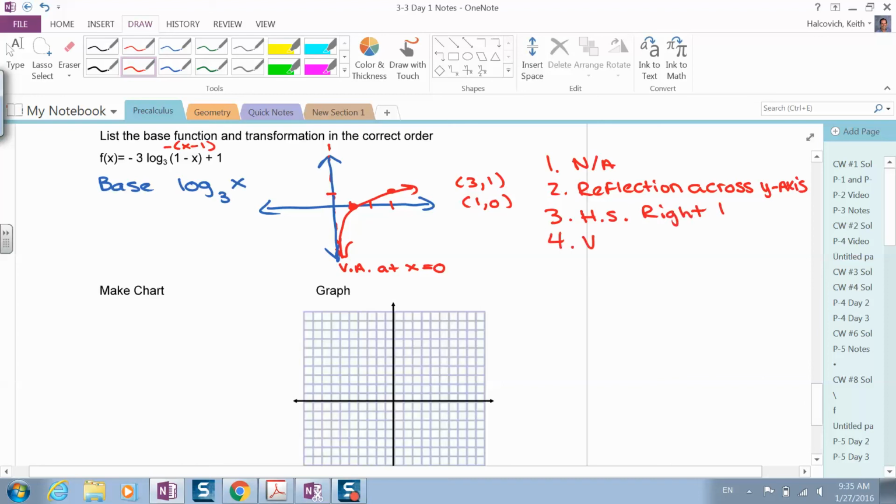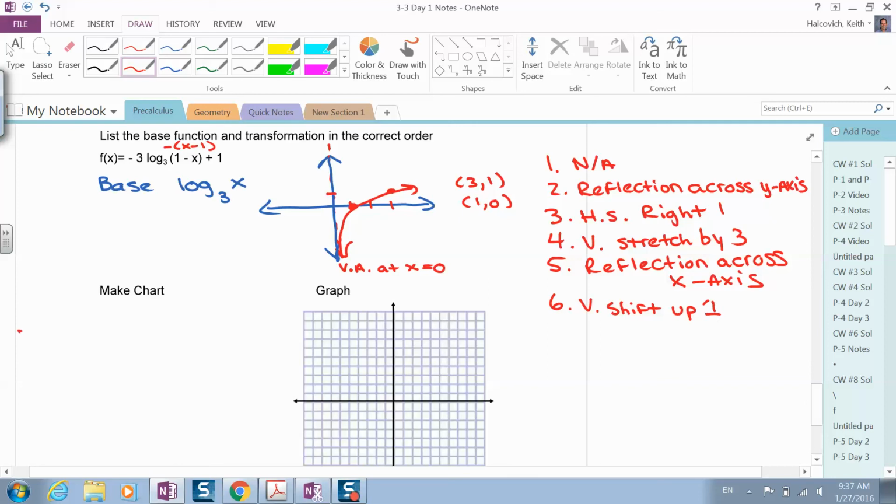There is a vertical stretch by 3. There is a reflection across the x-axis, and then there's a vertical shift up 1.